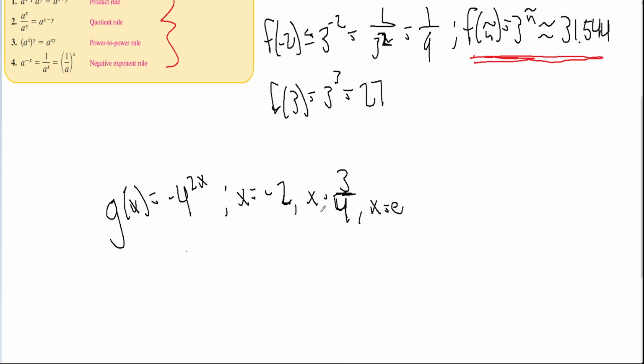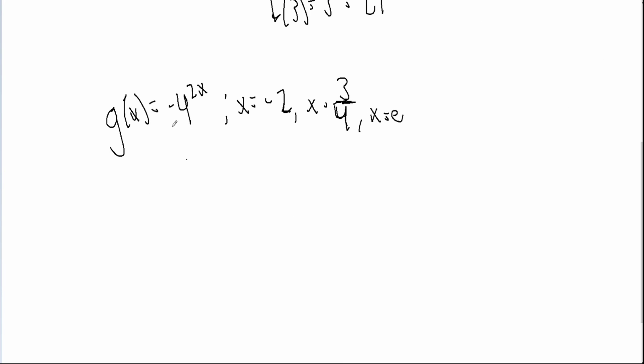Then if we go down here, now we have g of x equal to -4 raised to the 2x power, and we want to evaluate this function when x is equal to -2, 3/4, and e. The thing that we want to keep in mind here is that this negative sign is outside of our power.